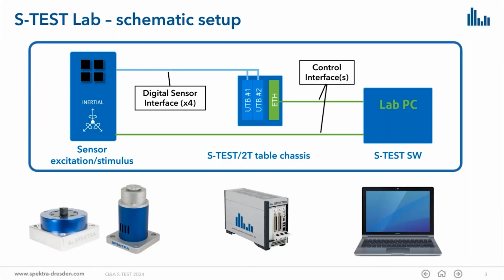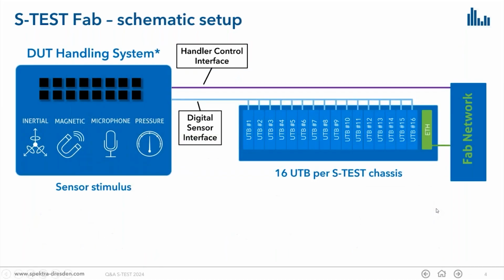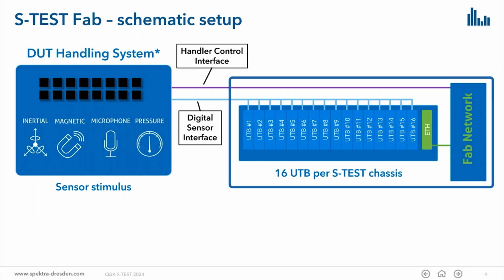So here are example devices from SPEKTRA, different exciters here on the left-hand side, SE16 and the DRE01 for rotational excitation, our tabletop S-TEST unit for really small lab setups, and of course the lab PC. And on the Fab setups, what you get from SPEKTRA is usually only this part here on the right-hand side.